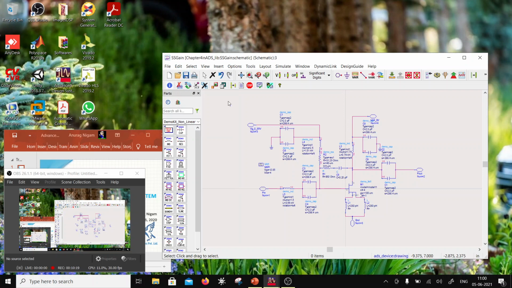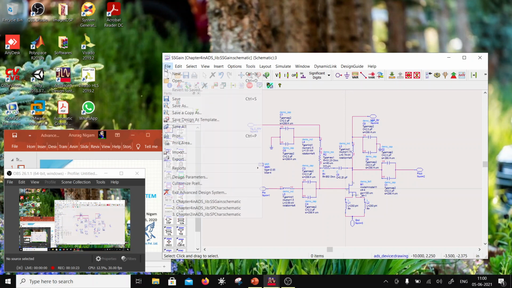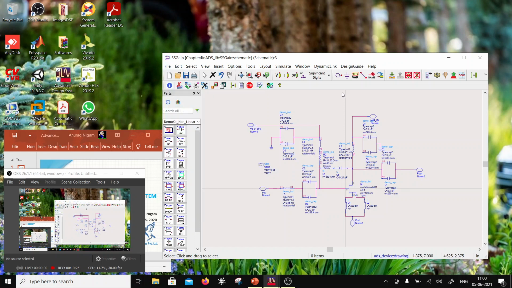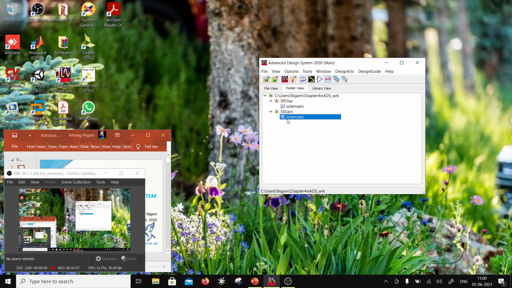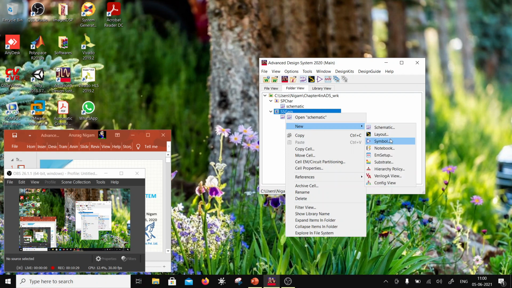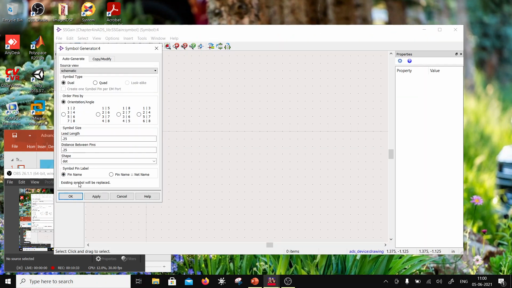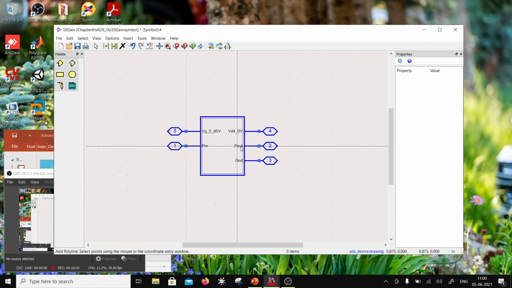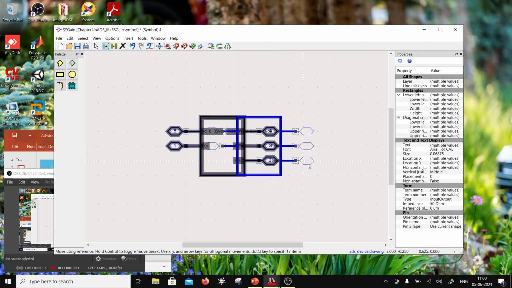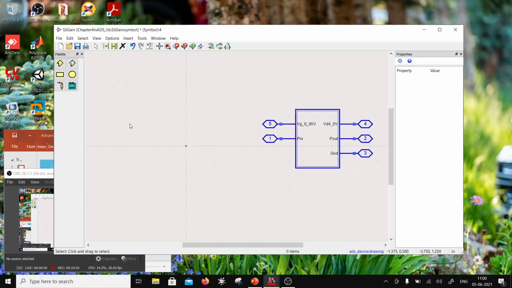Okay, so now that we have created this, we are going to make a symbol for this. So I can say save, close it, and then I say new symbol for this, create symbol, and say okay. Now very quickly I am going to give it a symbol.